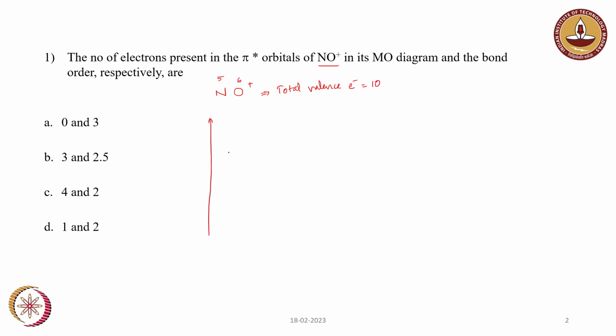So first for nitrogen there is 2p and 2s, and 2s2 and 2p3.